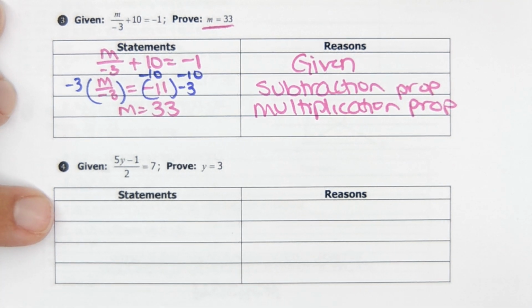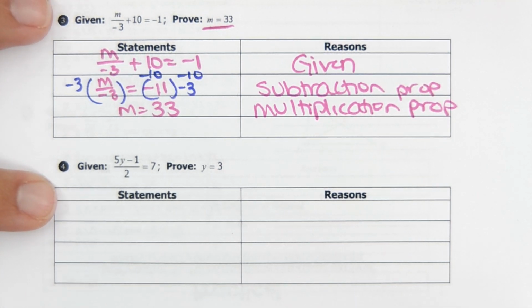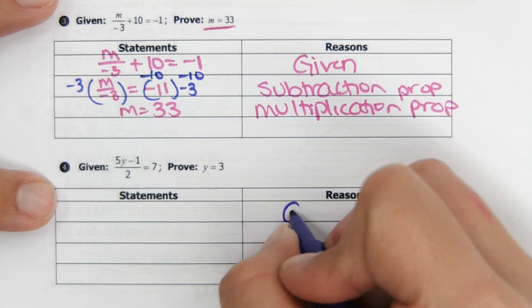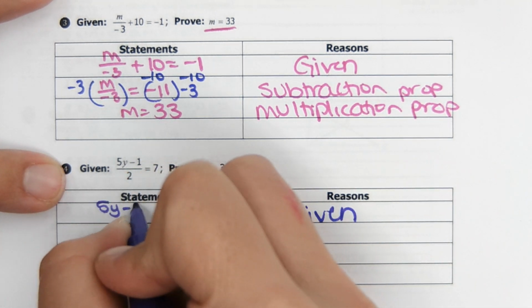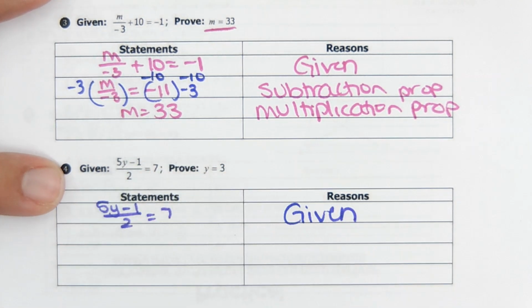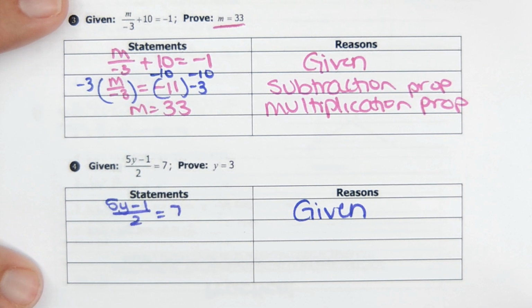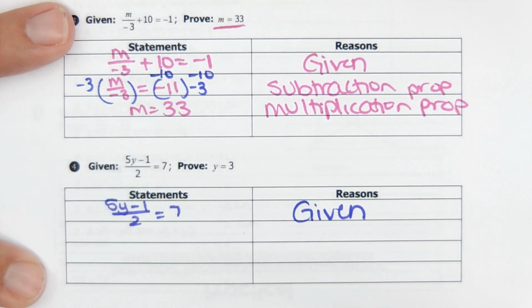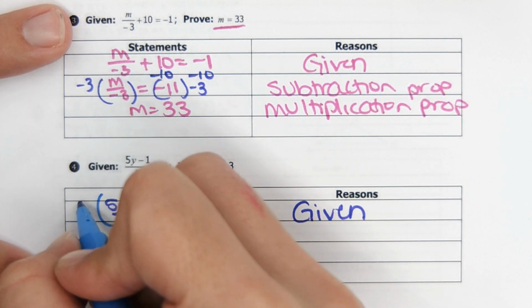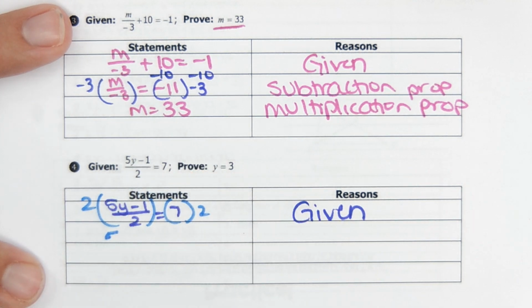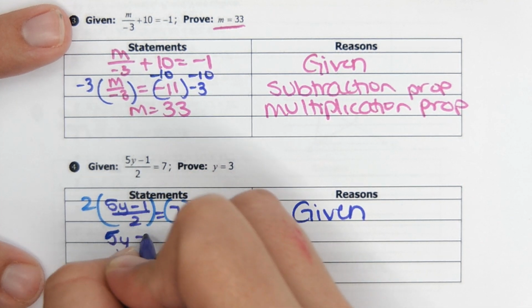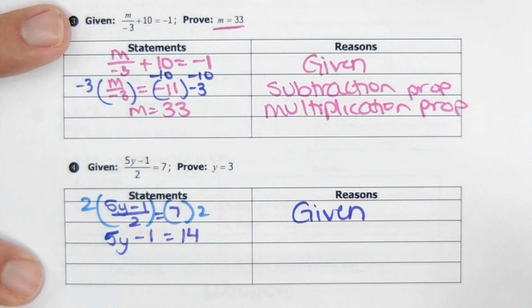Okay. Last one here, same process. Start out with the given and plug that in here. 5y minus 1 over 2 equals 7. The first step I'm going to do to solve this is multiply both sides by 2. So I get 5y minus 1 equals 14.